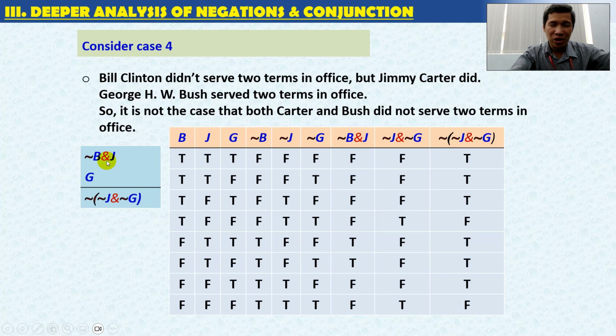And then we have, sorry, not B and J. So we need not B first and a conjunction not B and J. If we need the value not the case, not J and not G, then we need not J and not G first, right? And we have the combination not J and not G. And then we have the negation, not the case, not J and not G.